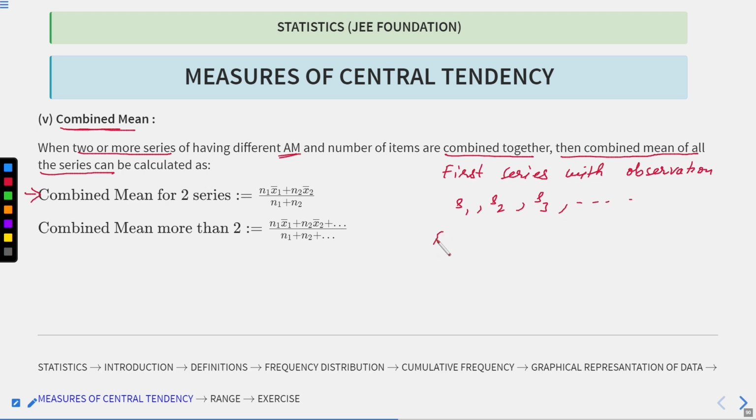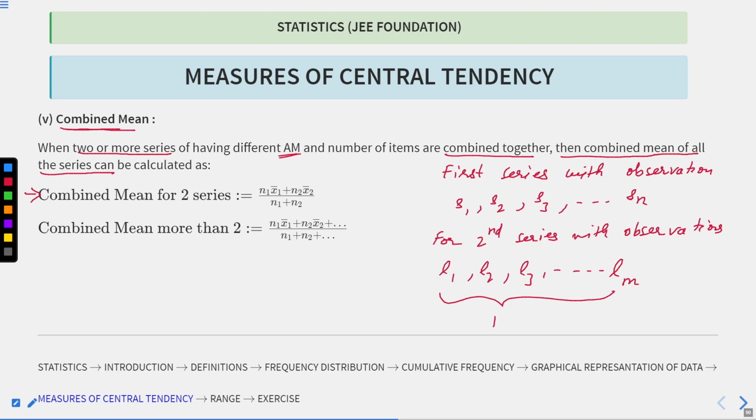And for the second series with observations, say L1, L2, L3 and so on till Lm. So the number of observations are n here and the number of observations are m here.